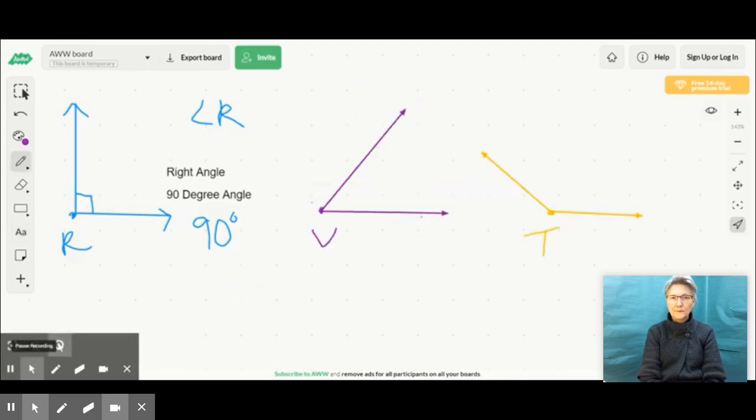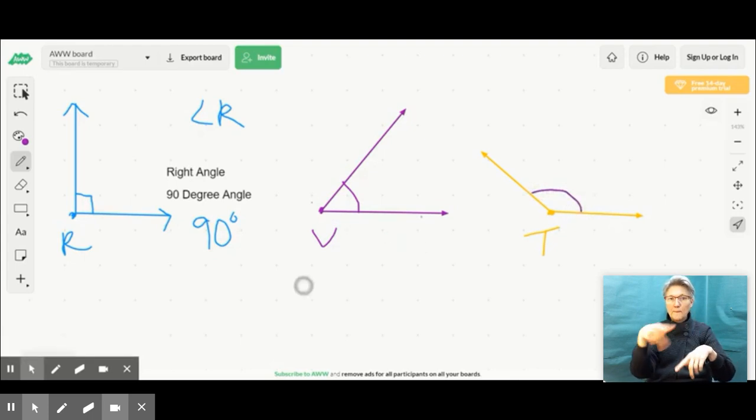So earlier in this video, we talked about how angles are classified by the size of the opening between the rays. So this part right here. So here we have the purple angle, angle V. Now I noticed that the opening between the rays is less than this blue angle, this angle R. It's less than 90 degrees. We call that an acute angle.